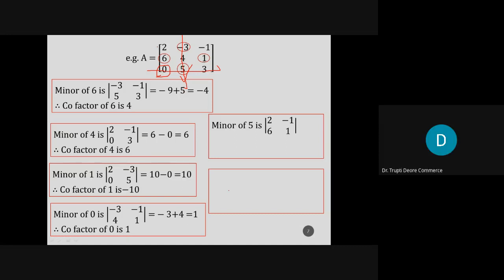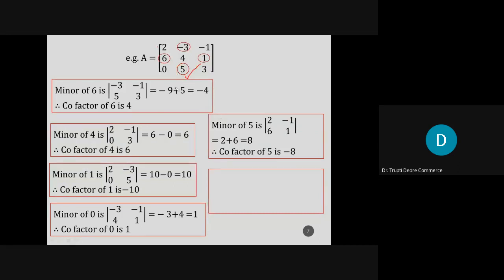So what is it? 8. Yes, it's an 8. Now for this we have to change the sign of the cofactor, right? We have made a circle, so we have to change the sign of this particular minor. So the minor of 5 is 8, so the cofactor becomes -8.